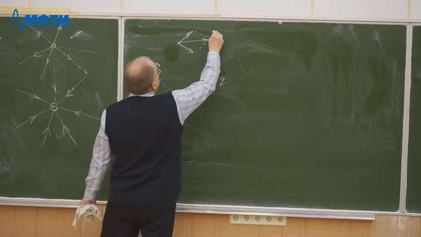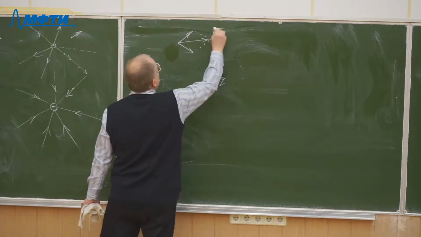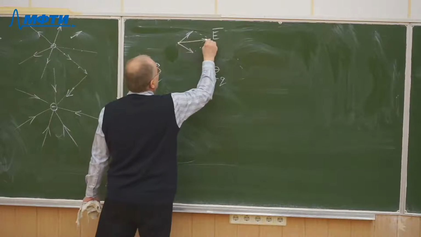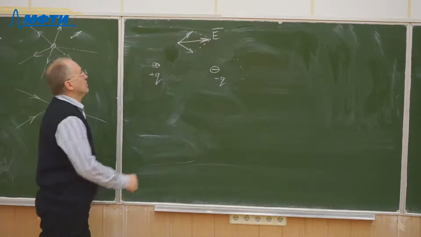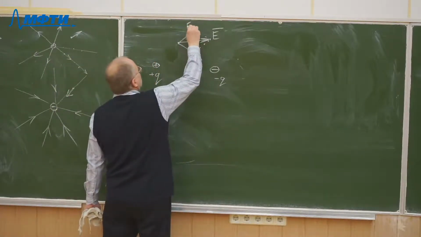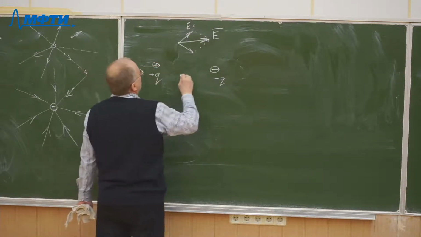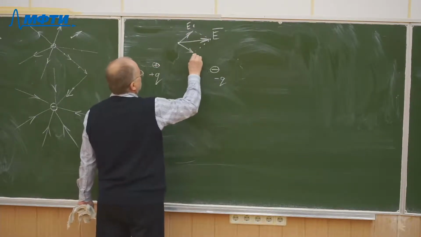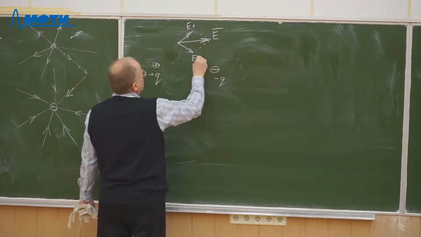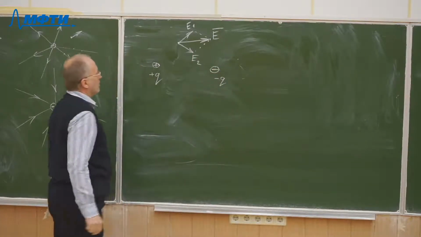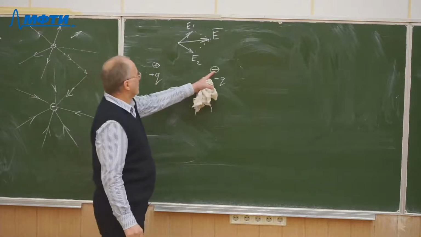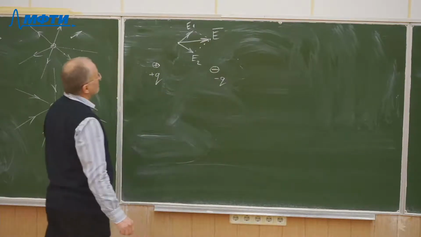And so the resulting electric field strength at this point will be described by a vector sum of two field strengths. That is the first field strength originating from the first charge, and that is the second field strength originating from the action of the second negative charge.